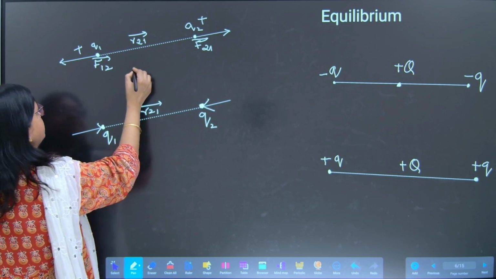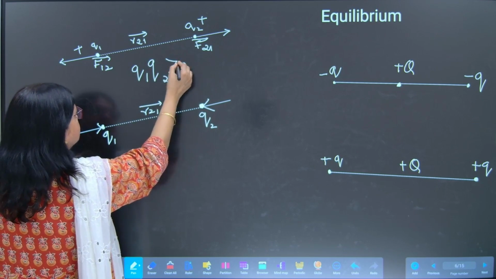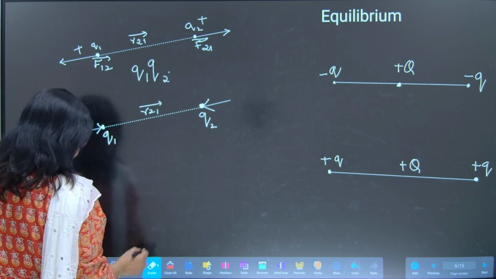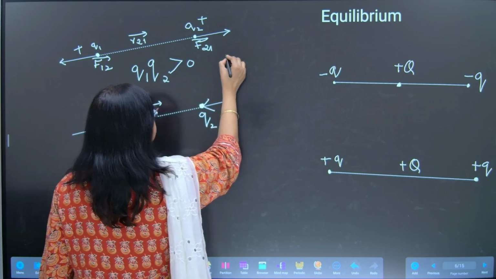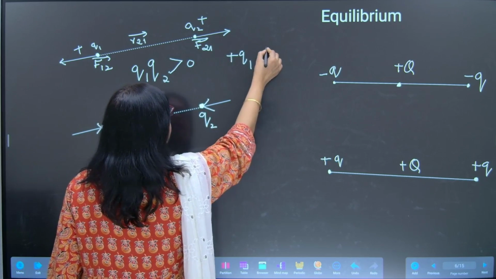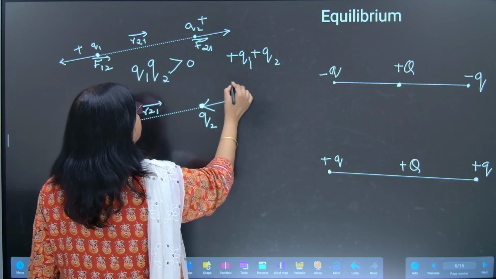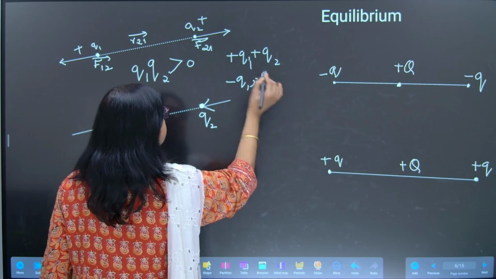I can represent it as Q1 Q2 greater than 0. When do I get Q1 Q2 greater than 0? Only if both the charges Q1 and Q2 are positive, or both the charges Q1 and Q2 are negative.